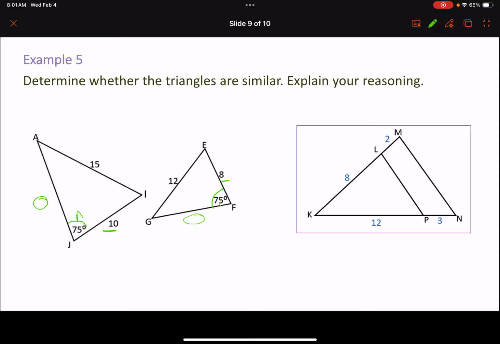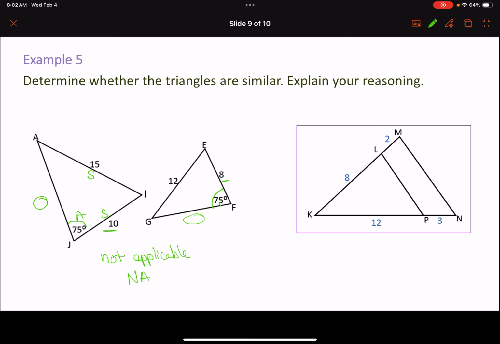So this is an angle with a side and then a side over here. That's not side-angle-side. So before I get too crazy about setting up proportions, I can immediately say not similar or not enough information, not applicable, however you want to say it, NA, because this doesn't follow a side-angle-side pattern.